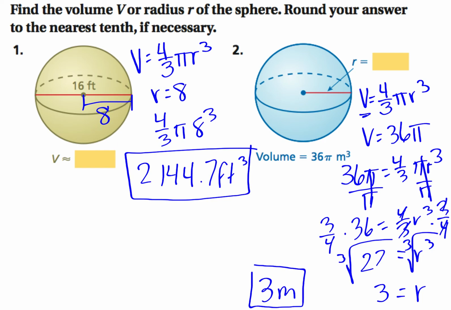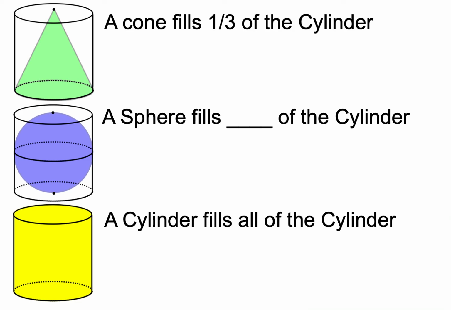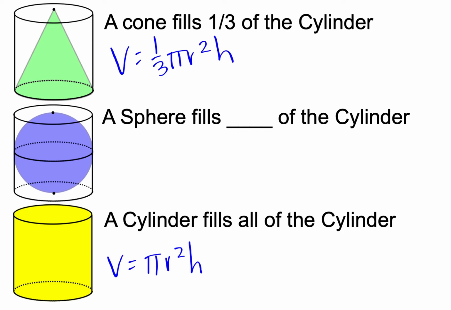Alright, there's one last thing I wanted to mention here, and this is a really interesting thing about cones, spheres, and cylinders. First off, the cylinder, well, let's write the V in there, is pi r squared h. And the cone is 1/3 pi r squared h.